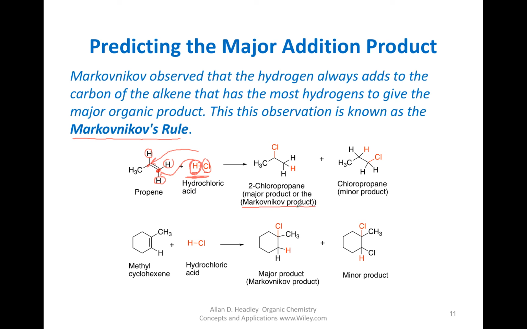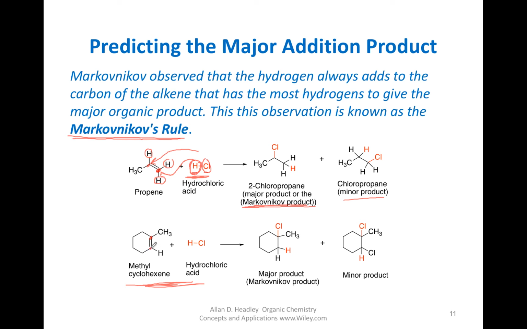Oftentimes you'll see this as the Markovnikov product. It's the major product based on his prediction. This, of course, is the minor product because that's not what he predicted as the major product. Let's see if we can use Markovnikov's rule here to predict the major product for this reaction. Here's one carbon of the double bond. It has no hydrogens bonded to that carbon.